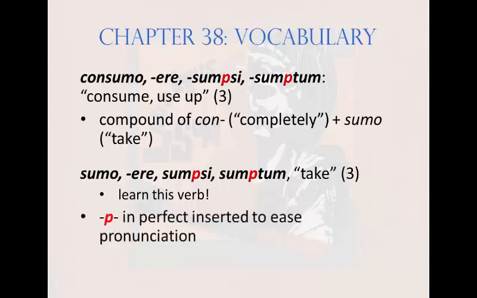The P in the perfect forms of sumo, sumsi and sumptum, which shows up in consumo's perfect too, is there just to ease pronunciation. It's hard to say sumsi without inserting a P, sumpsi.